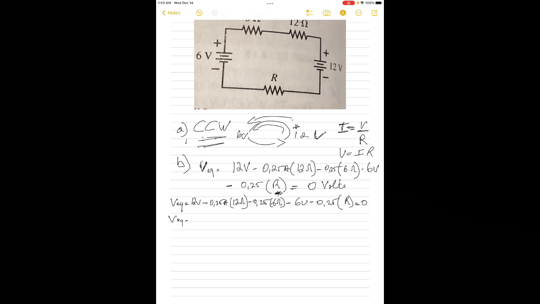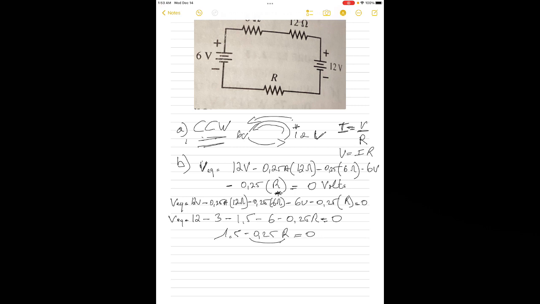So 12 minus 0.25 multiplied by 12, that's equal to 3, minus 1.5, minus 6, minus 0.25 R equal to 0. So here everything's supposed to equal 1.5 minus 0.25 resistance equal to 0.